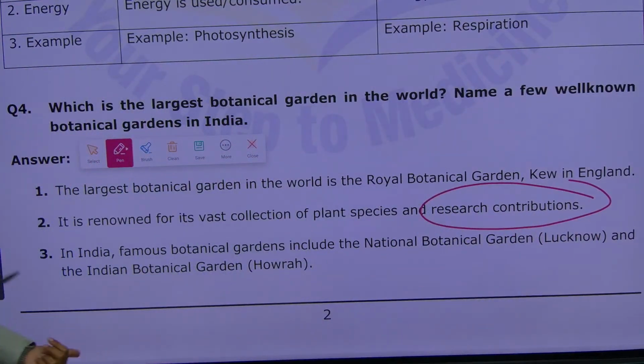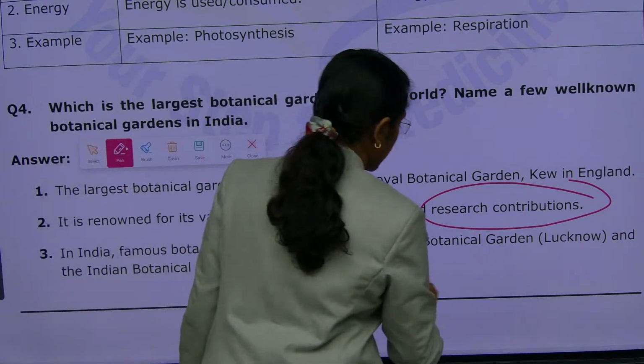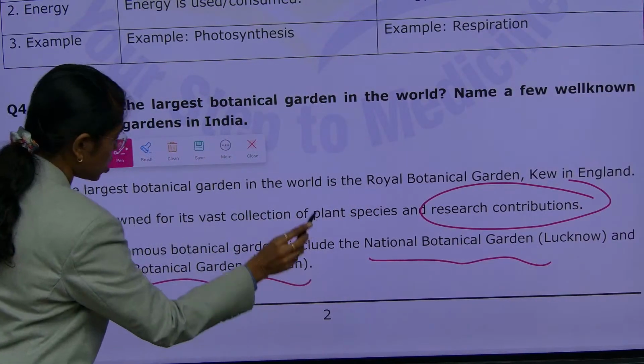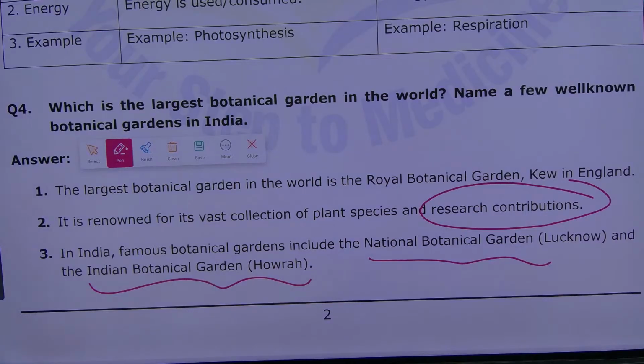In India, famous botanical gardens include the NBG, National Botanical Garden, Lucknow, and IBG, Indian Botanical Garden, Howrah. Mention the Royal Botanical Garden, National Botanical Garden and Indian Botanical Garden properly with their locations. That is very important.